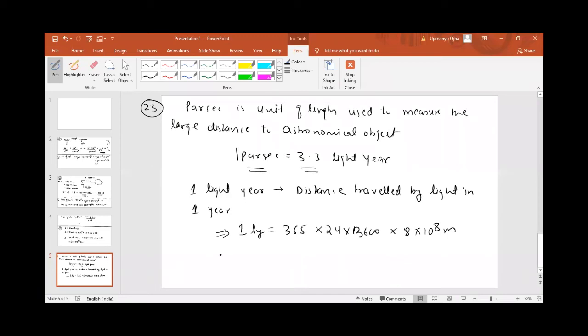One parsec, I think it would be around 3.08 into 10 to the power 16 meters. Okay, so one parsec would be 3.08 into 10 to the power 16 meters. Correct now.